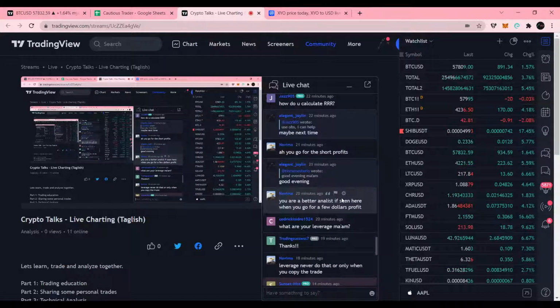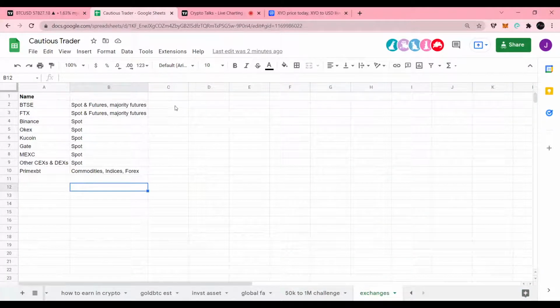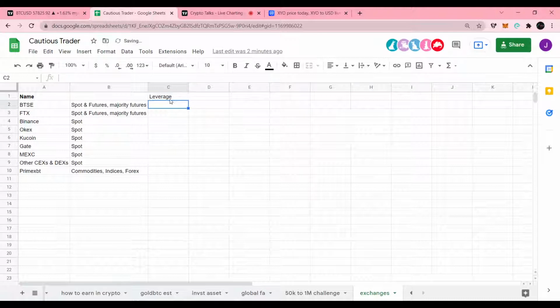What is your leverage? Leverage depends on the asset and the exchange. Let me just share a bit of that. For Bitsy, it's 100 times mostly.